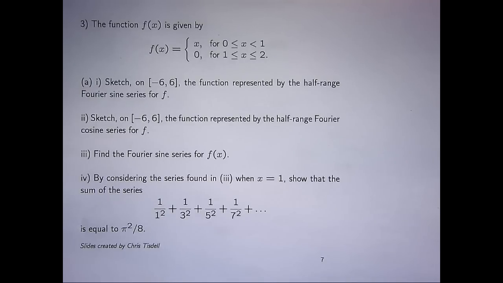We're also asked to calculate the Fourier sine series for this function. And then using that series, at a particular point, you're asked to come up with the exact value of this infinite sum of constants. So we're going to work through this step by step.